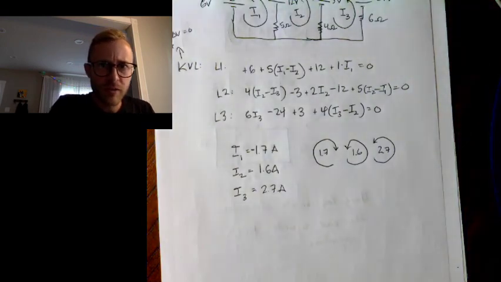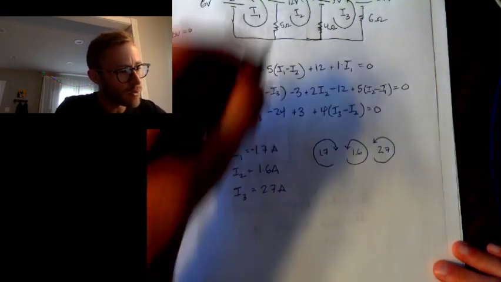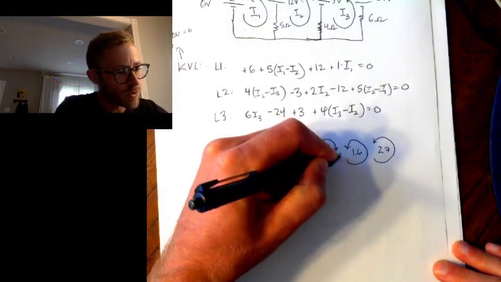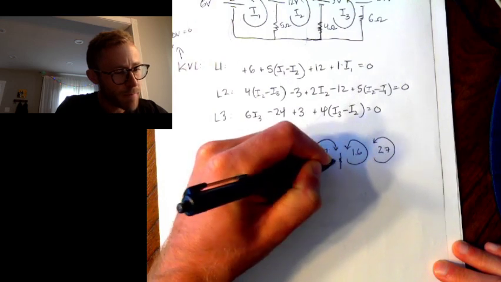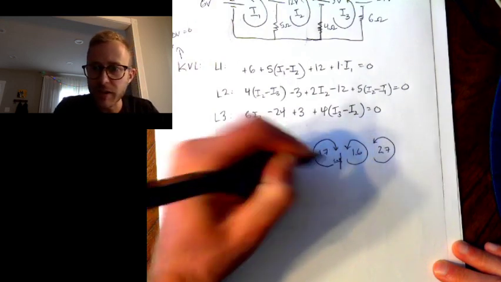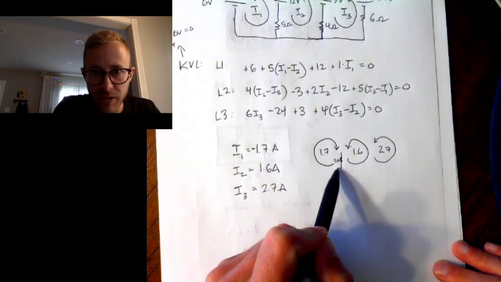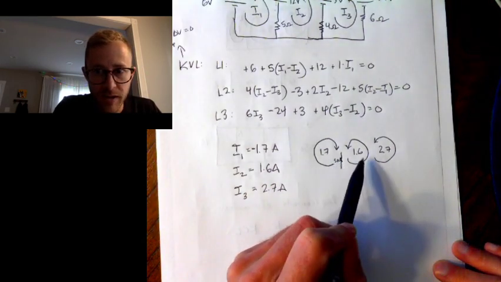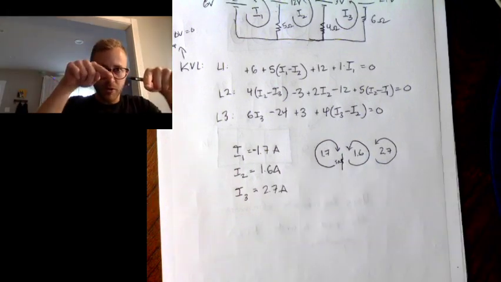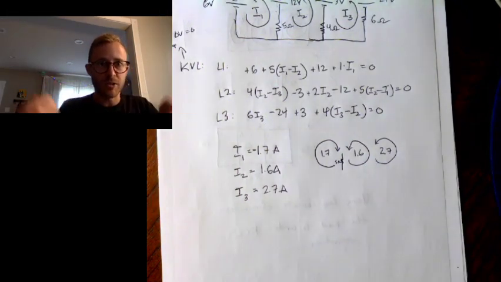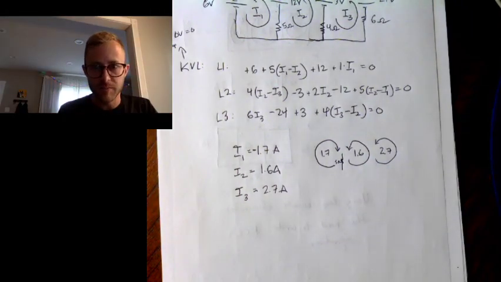So let's look at, for example, the 5 ohm resistor. The 5 ohm resistor is right here. And we can see that it has 1.7 amps going down on the left-hand side, and it has 1.6 amps going down on the right-hand side. So those are both going down, so we shouldn't subtract them. We should actually add them together.